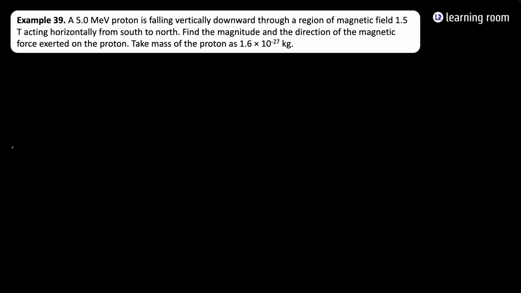Let me check it. See, the energy of the proton is given. What is the energy of the proton? So 5 into, right? 5 into this mega is there, no? Mega is actually 10 power 6. Okay. I saw some of you didn't write the 10 power 6. Correct?